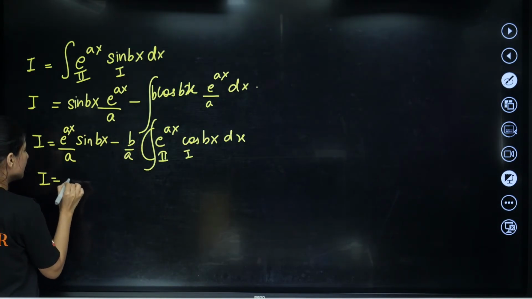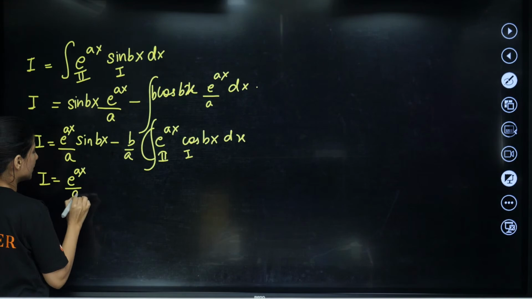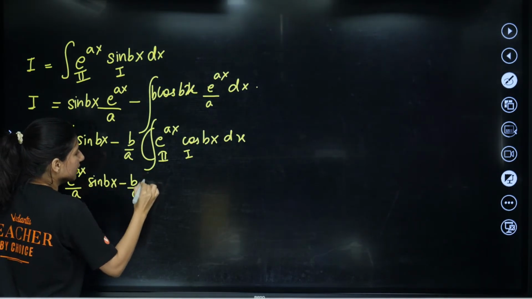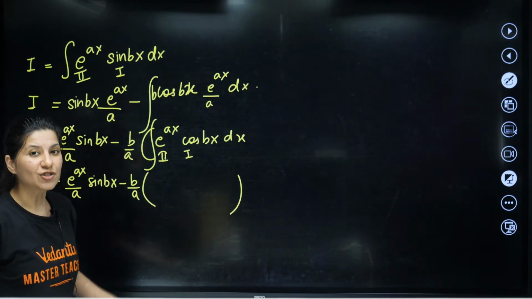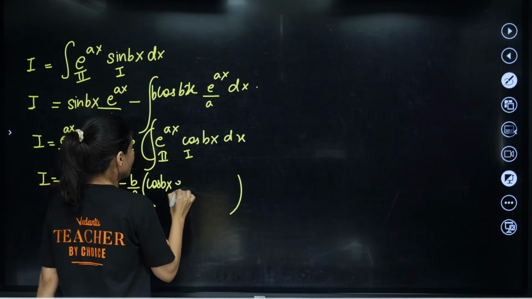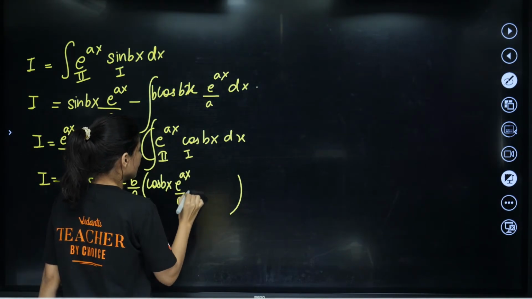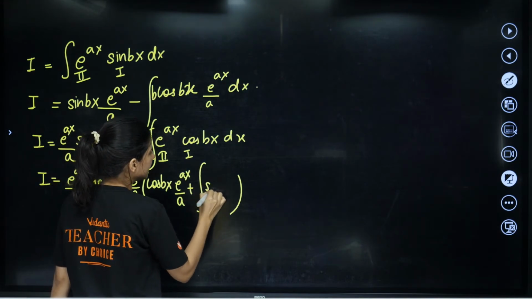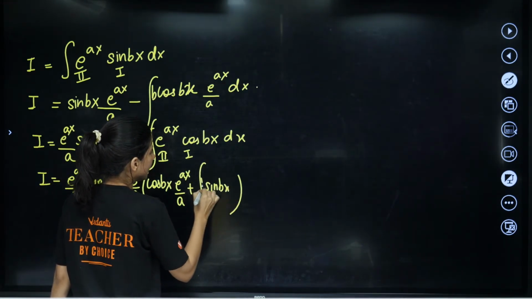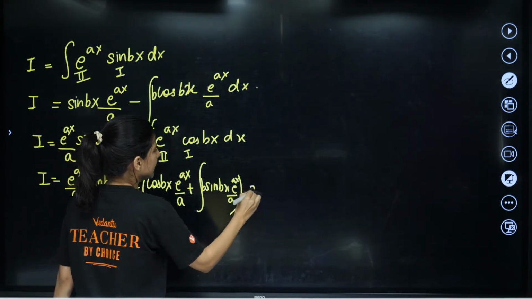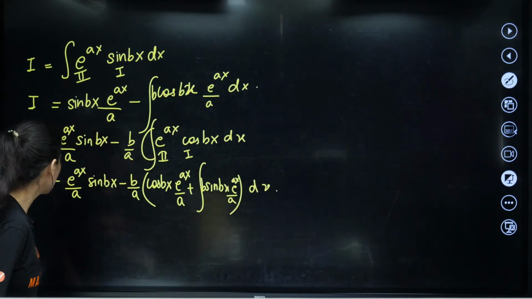I equals e raised to power ax upon a sin bx, minus b upon a. First function is constant. Integration of this is this, minus integral of the first function's derivative. The derivative of cos is minus sin bx, and b is also there, and this is e raised to power ax by a dx. Can you see this?